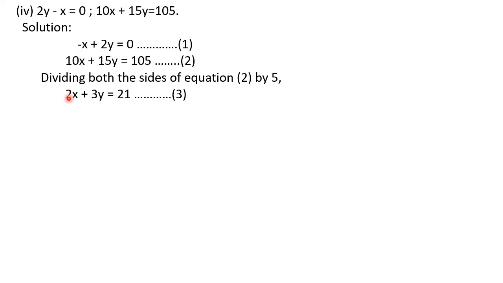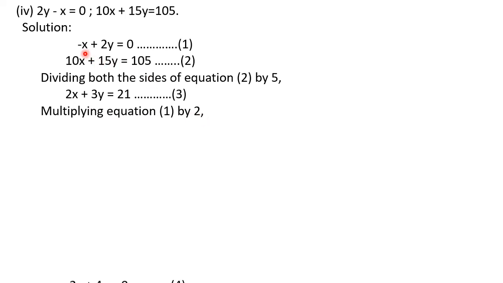Instead, let us equate the coefficient of x by multiplying equation 1 by 2. Then we will get minus 2x here, and here we have plus 2x. So after adding, we will get the answer. Okay, so let's write down multiplying equation 1 by 2.